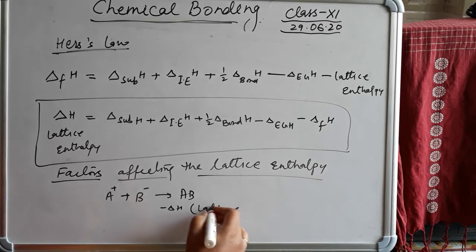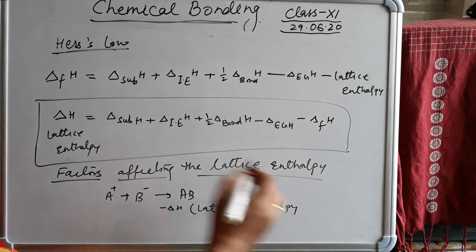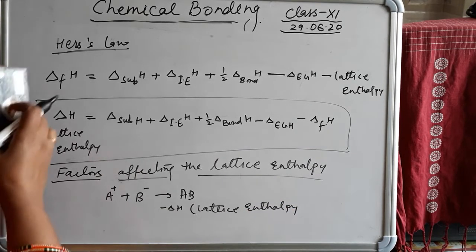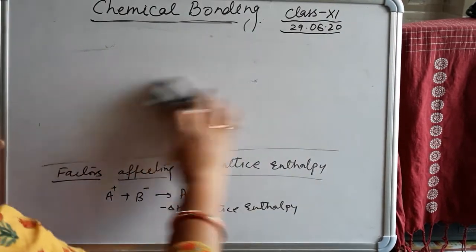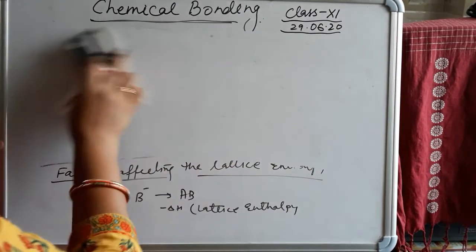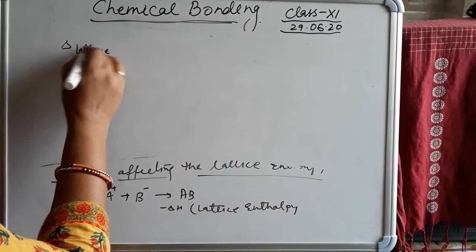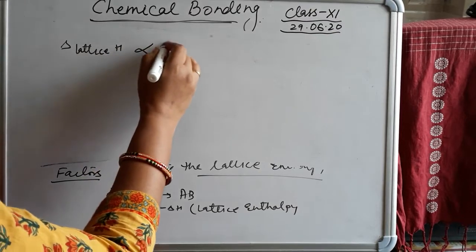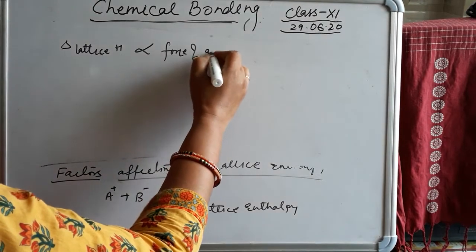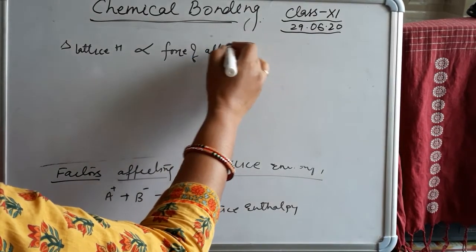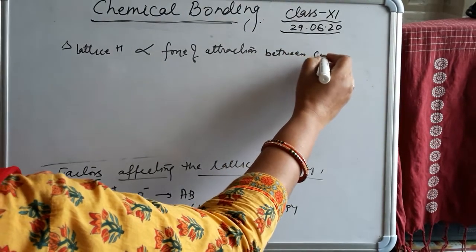Suppose delta H is the lattice enthalpy. So students, lattice enthalpy is directly proportional to the force of attraction between cation and anion.